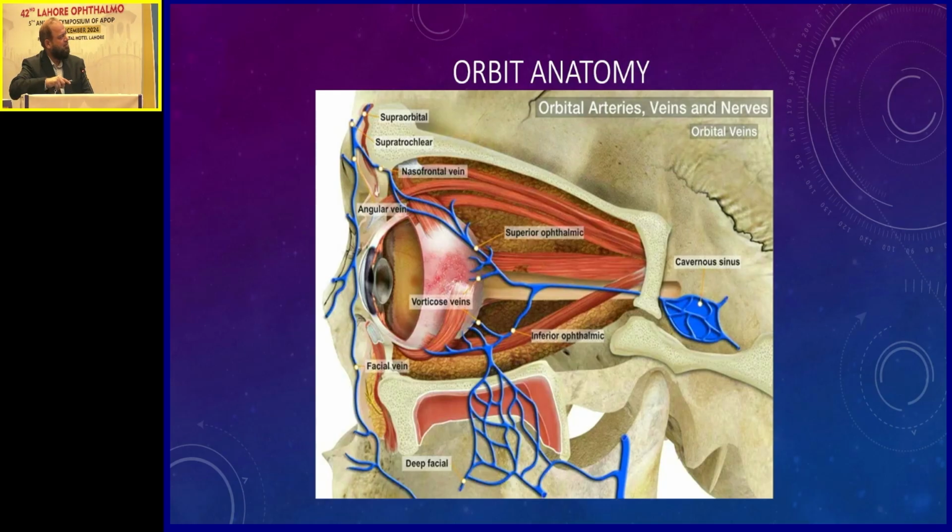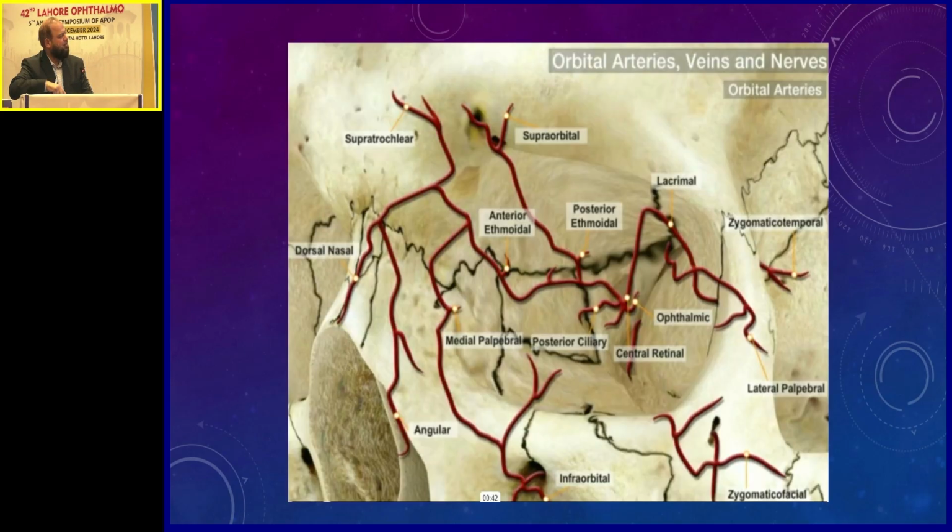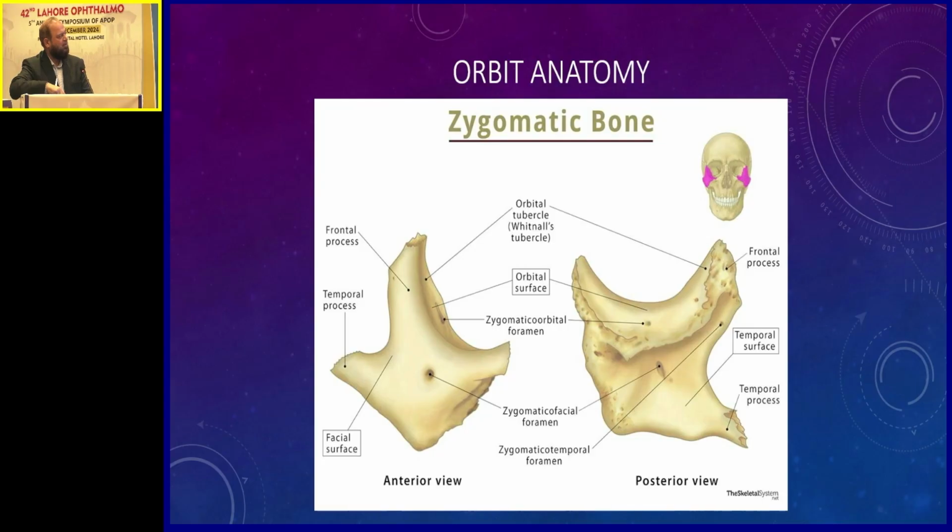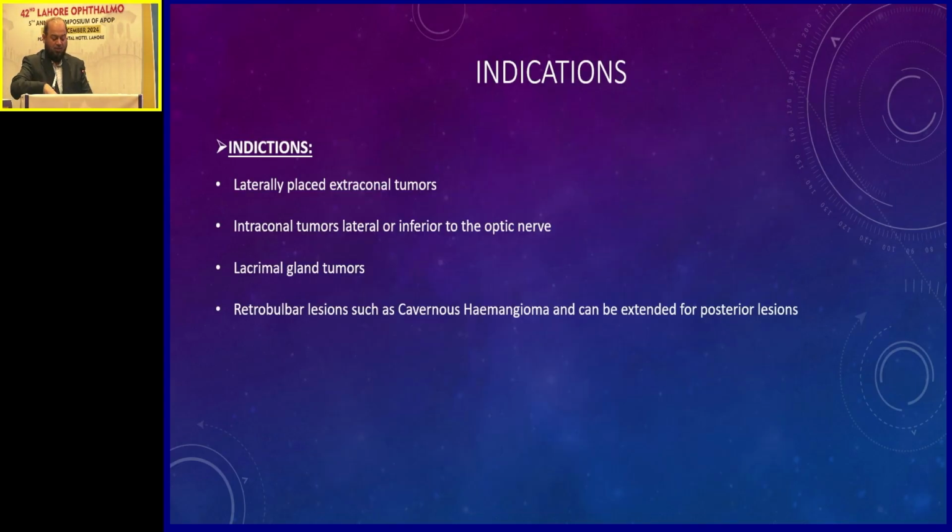So veins, venous drainage, arterial supply, zygomatic bone. So indications: laterally placed extraconal tumors, then intraconal tumors, lacrimal gland tumors, if it cannot be removed through anterior orbitotomy, then lateral orbitotomy is the option.